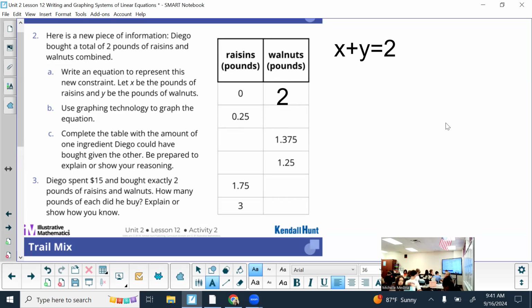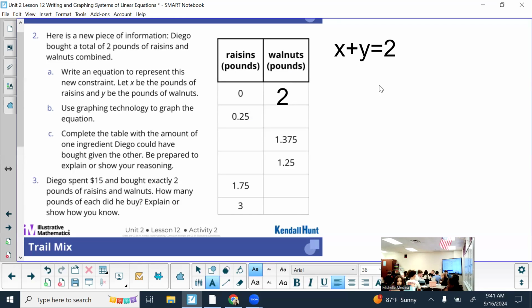Okay. Table 1, if I bought 1.375 pounds of walnuts, how many pounds of raisins? You guys are really killing me here. All right, problem solving isn't a skill we all have, right?